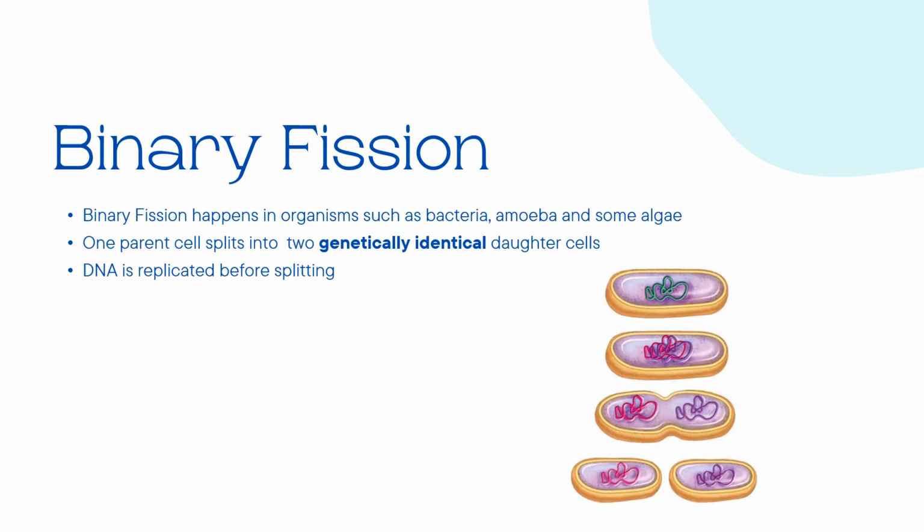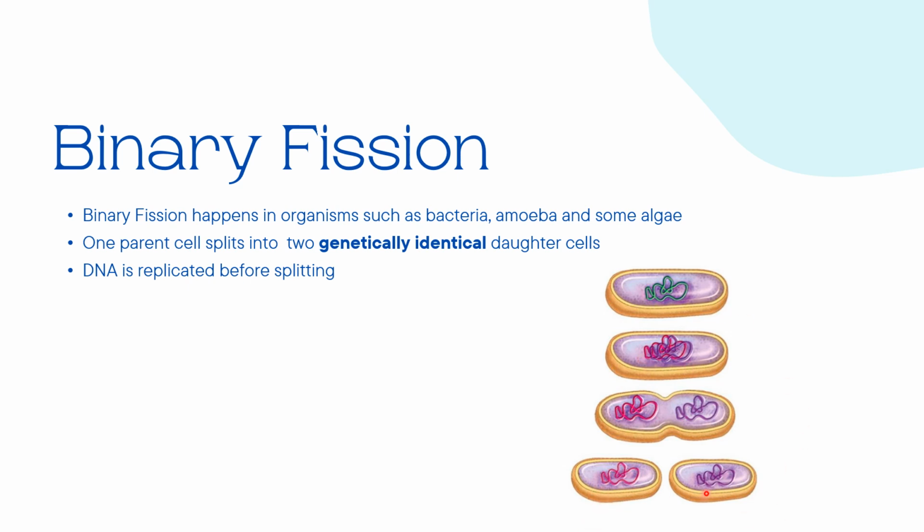The first example of asexual reproduction that I want you to know is binary fission, and we've looked at this before, and this is how prokaryotes such as bacteria reproduce. However, there are some eukaryotes like amoeba and algae that also reproduce via binary fission, and so this is when one parent cell splits into two genetically identical daughter cells, and the DNA inside this parent cell is replicated, as you can see here, before splitting.